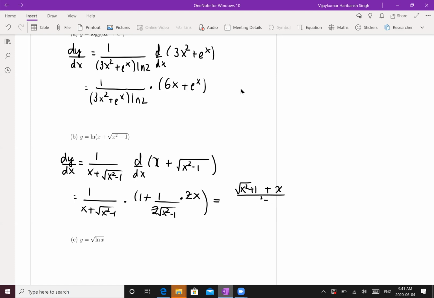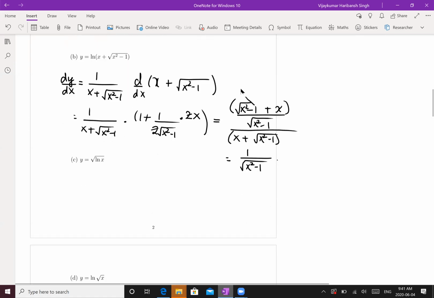Let's make it clearer: x squared minus 1 and then divided by x plus square root of x squared minus 1. These are minus ones, sorry. Now these will cancel off. You are left with 1 upon square root of x squared minus 1. So this is the answer.